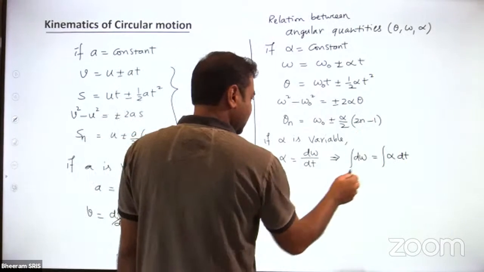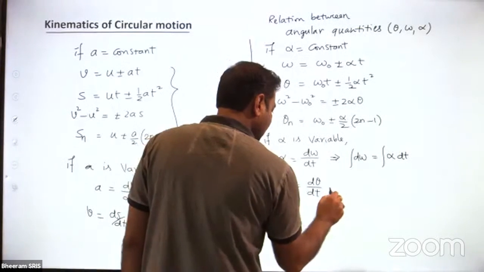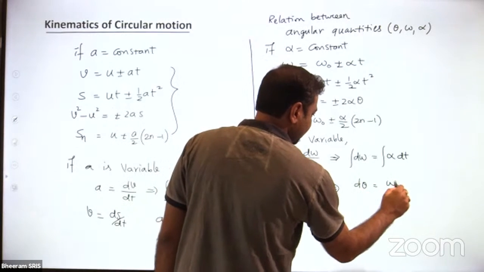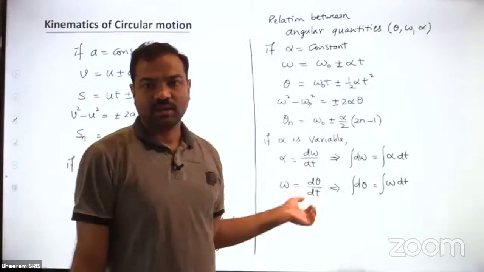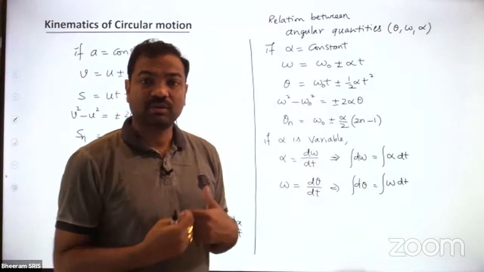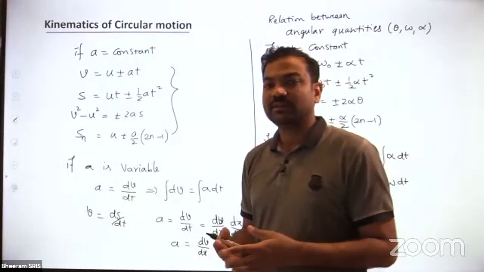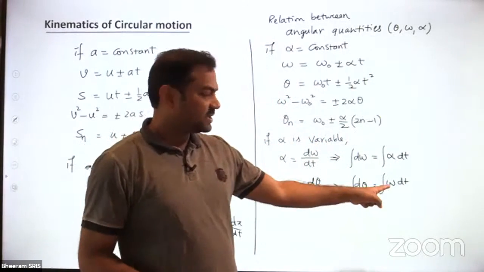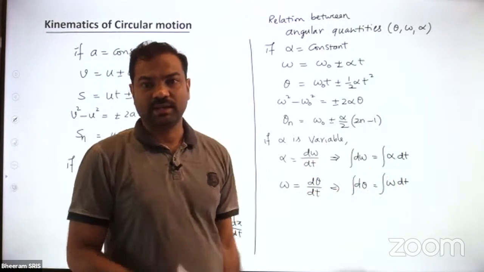And then the angular velocity I can write down as d theta by dt. So then I can write d theta, angular displacement. If you want to find out, omega into dt, you can integrate. So like that you can convert however you want. It all depends on what function is given and what you want to identify. Okay, suppose omega function is given, you want to identify angular acceleration, then differentiate it. Omega function is given, if you want to find out the displacement, then you integrate it.